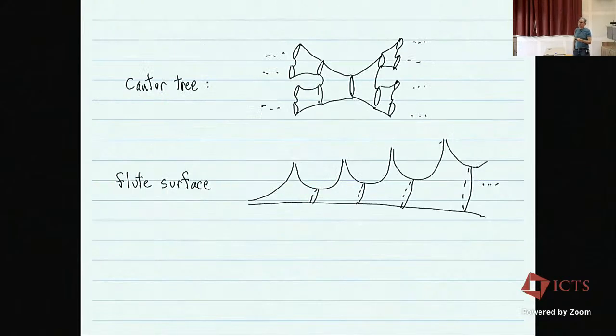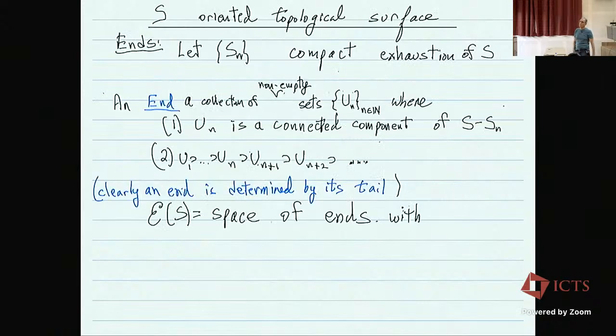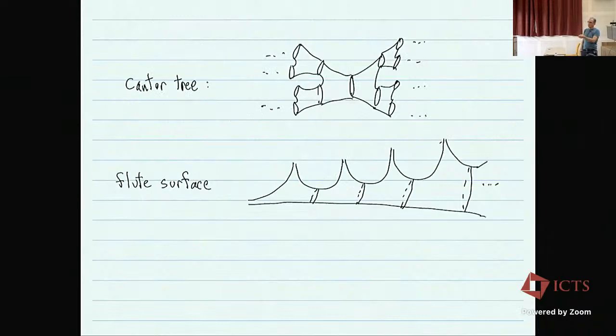So let me tell you, we're just focused on the topology of infinite type surfaces now, and then I'll talk about geometry. To classify these, the thing to do is to look at the space of ends. So that's what this next discussion is about. Before I say how to get to ends, let's look at these pictures for a moment.